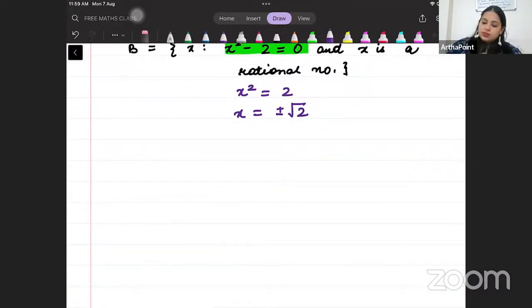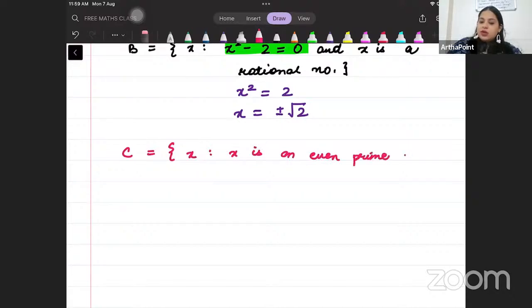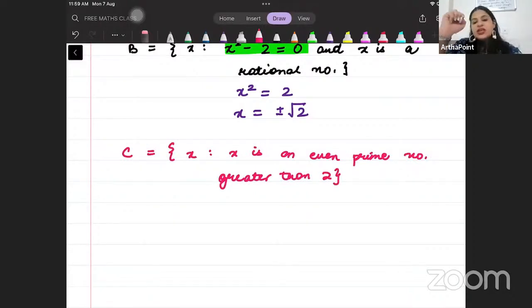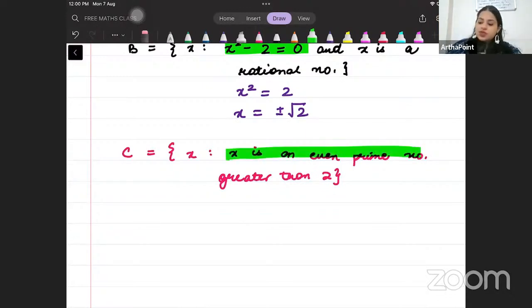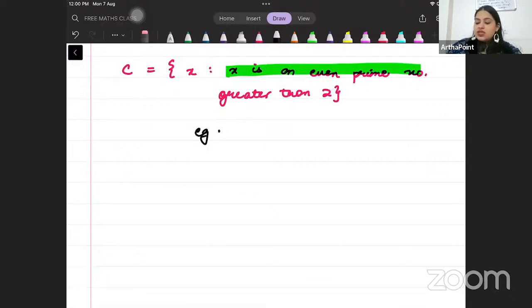अच्छा, third. C. x is such that x is an even prime number greater than 2. बेटा जैसे ही हम कोई भी even number लेते हैं greater than 2, 4, 6, 8, कोई भी even number ले लो, it will not be prime, it is composite ना, because 2 will be one of the factors of it. ठीक है, so जैसे for example सिर्फ 2 एक ऐसा prime number है जो even है, so 2 के factors हैं 2 and 1.